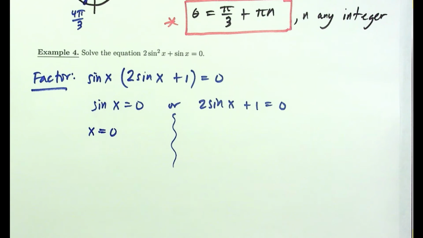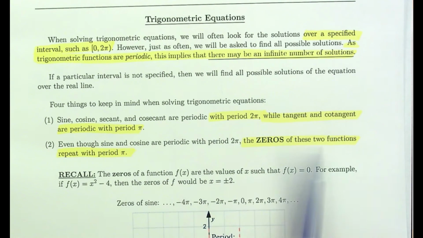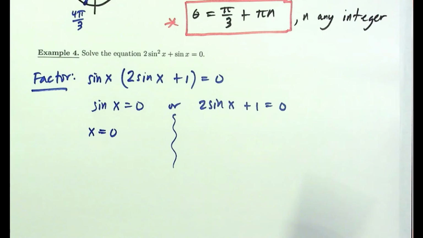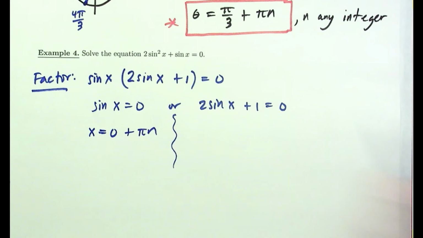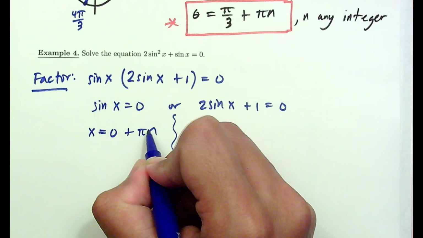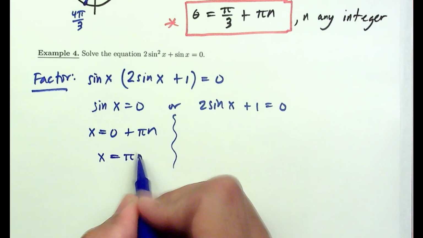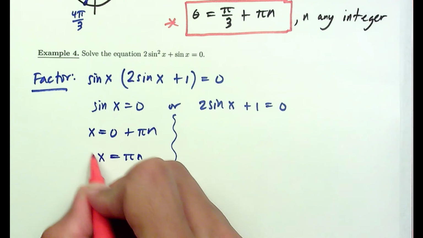And then, because the zeros repeat with period pi, all the other angles for which you get sine of x equals 0, you obtain from this one by adding multiples of the period, plus pi n. Simplifying, this is just x equals pi n. So that's part of the solution.